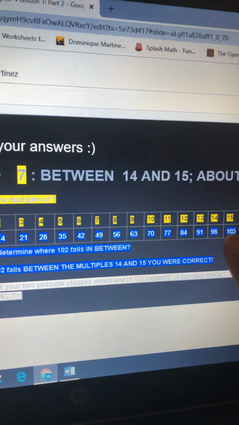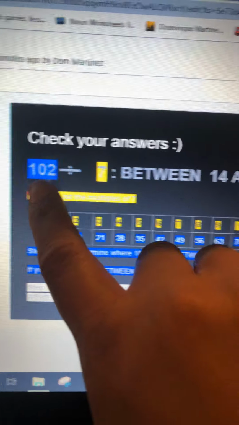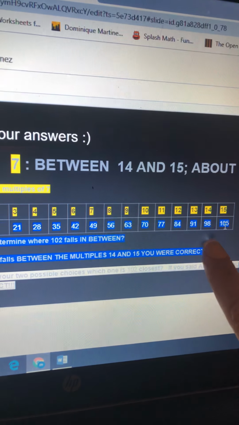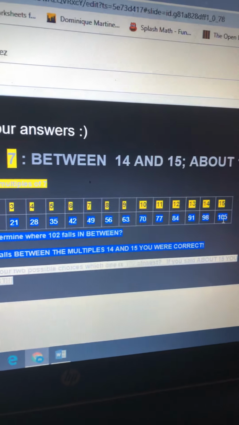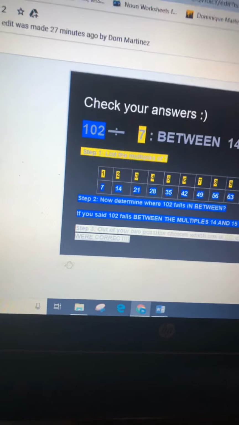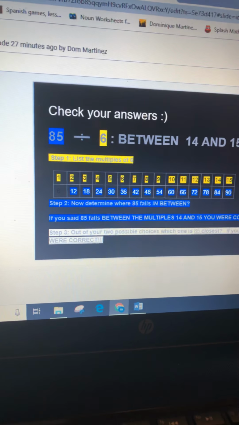So this one was at 105, and I stopped there because that's over 102. So 7 times 15 is 105. 7 times 14 is 98. So 102 falls in between 14 and 15. Our correct answer, once again, would have been about 15.